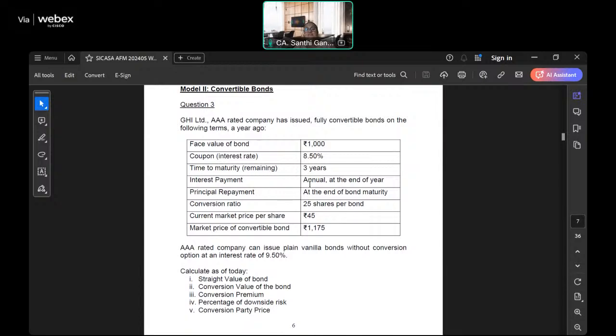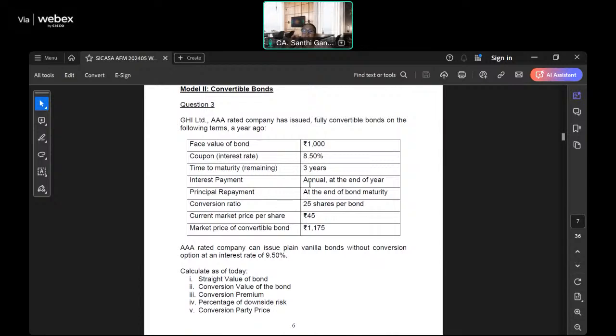A AAA rated company can issue a plain vanilla bond, straight bond, regular bond. Plain vanilla all means without any frills attached. No frills. Only plain vanilla, regular, straight. So nothing extra. That is the meaning.